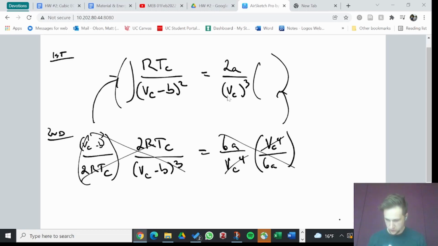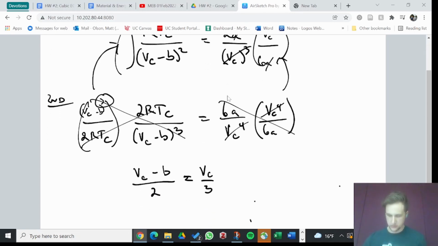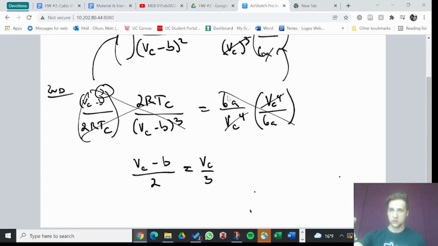But up here, we're going to end up having VC minus B, because this is cubed, divided by 2 equals, and then here we got VC to the fourth, so that goes over 6A, so the A goes, and then so VC over 3. There we go. Okay. Now we can go ahead and set this to solving here.